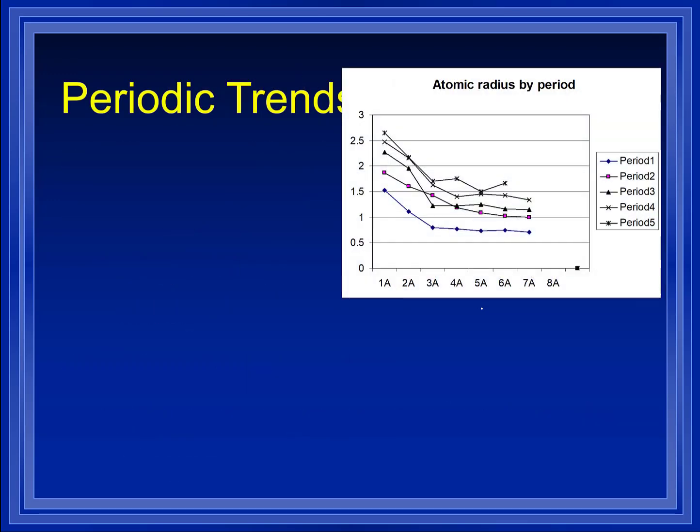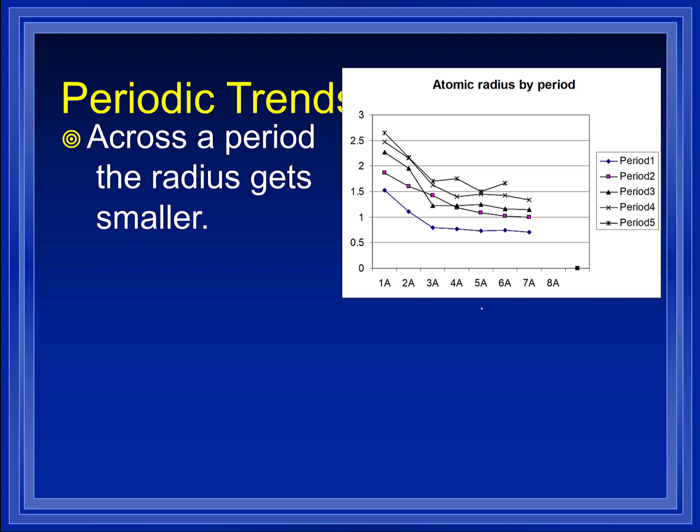Hey, you graph this. I did one period at a time, and this is what I got. What can you say the general trend is for atomic size? So every period, it generally decreases.